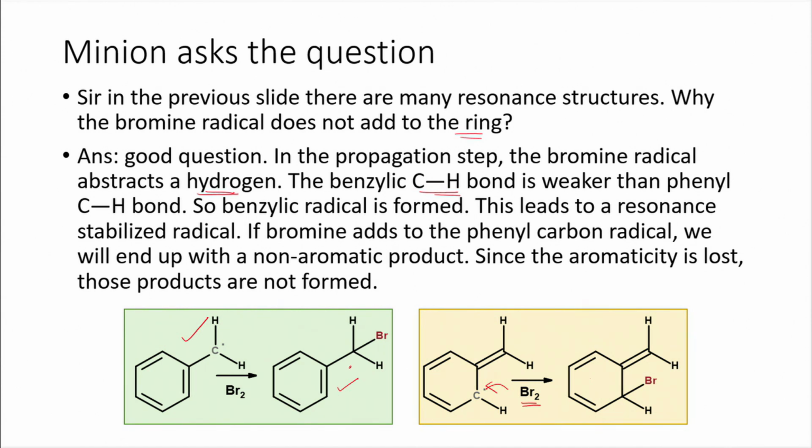In the case of benzylic bromination, this product is more stable compared to this product where we have the exocyclic double bond and the bromine is added to the aromatic system. Here we lost aromaticity. So, this product is going to be highly less stable compared to the benzylic product. That is the reason this product is not formed.